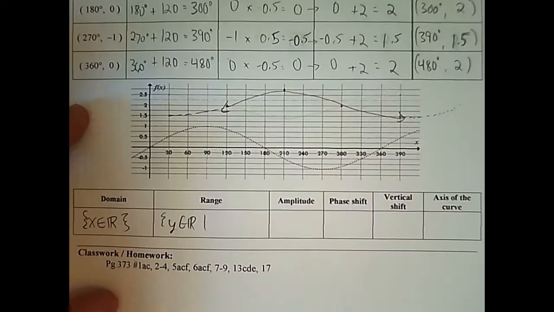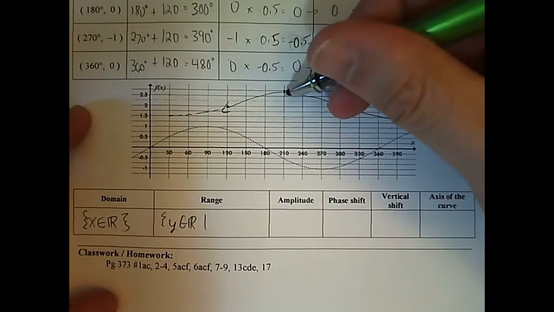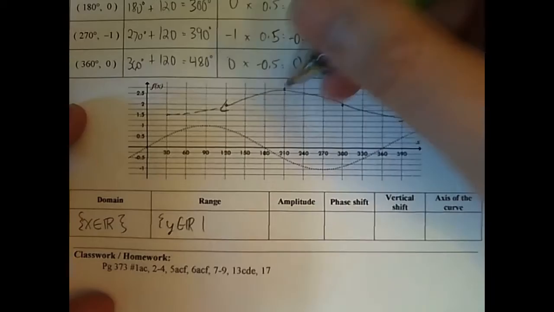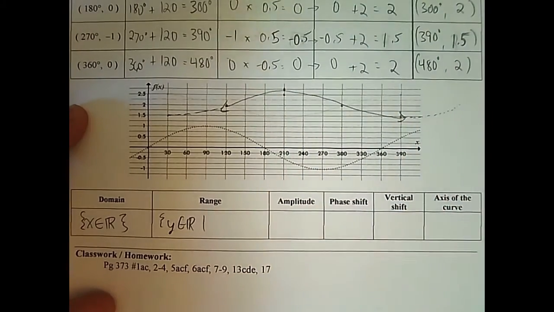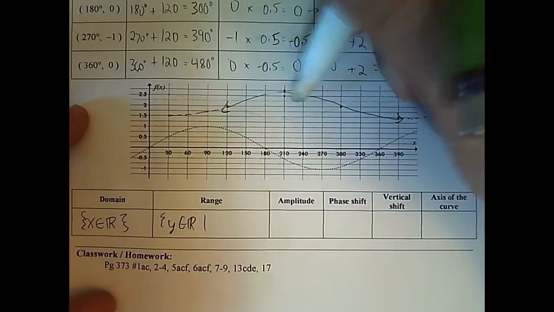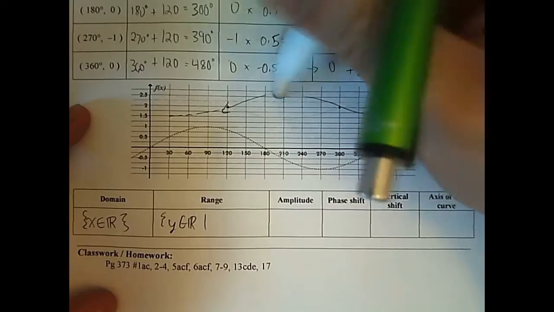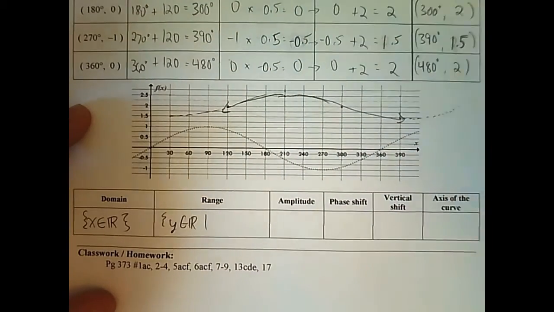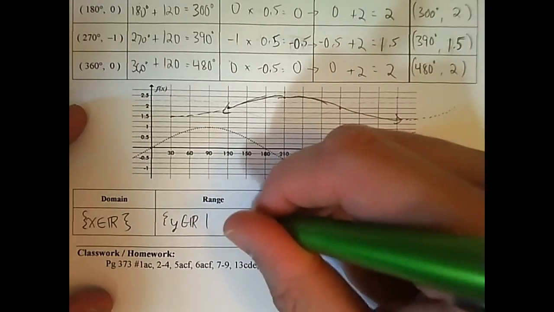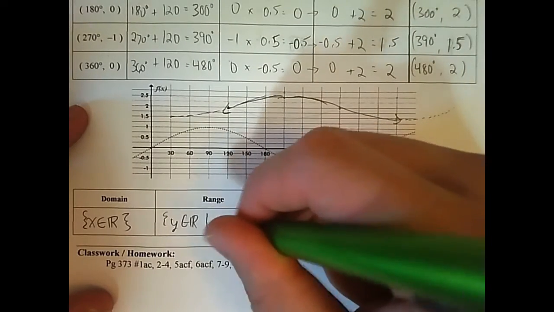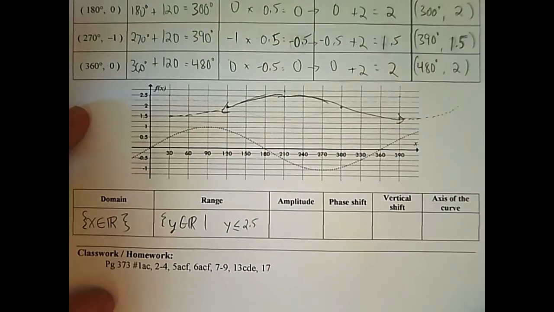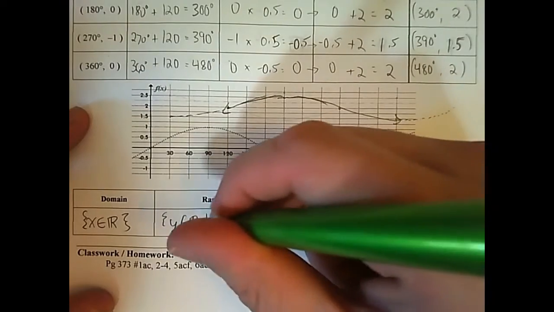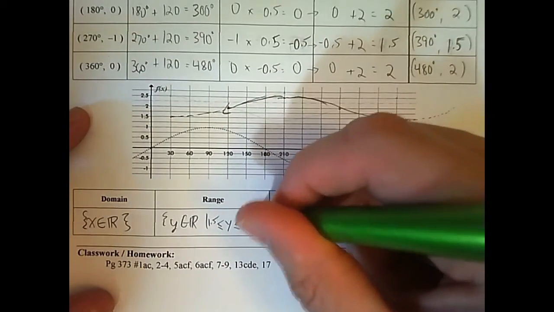The highest point it goes to is 2.5, which I put at 3, but there we go. So we get to 2.5. Y has to be less than that, and it has to be greater than 1.5.